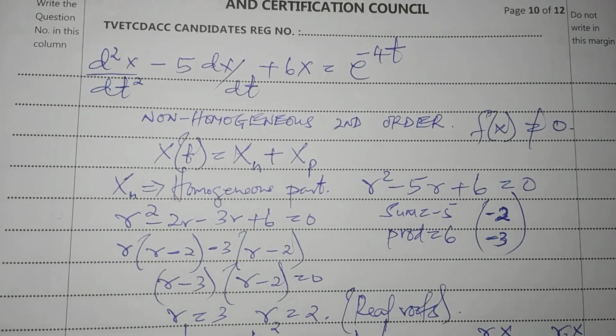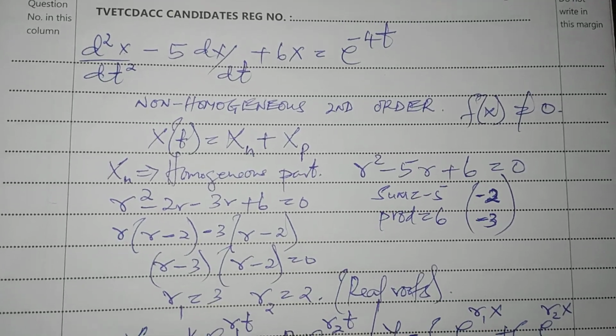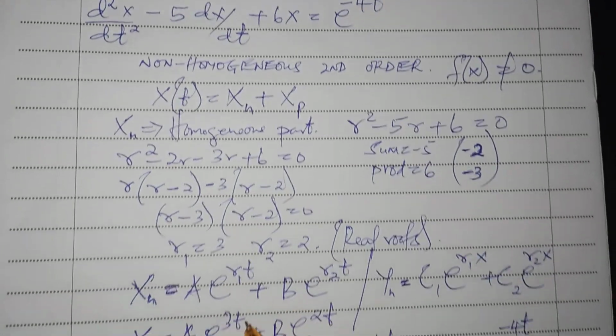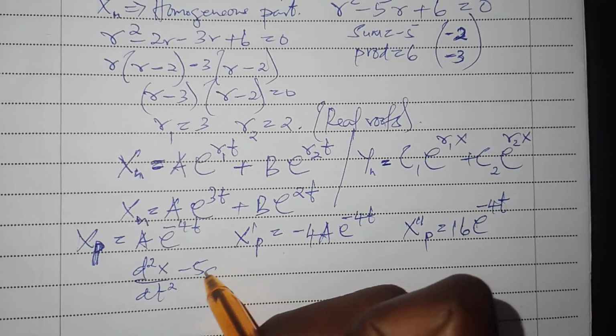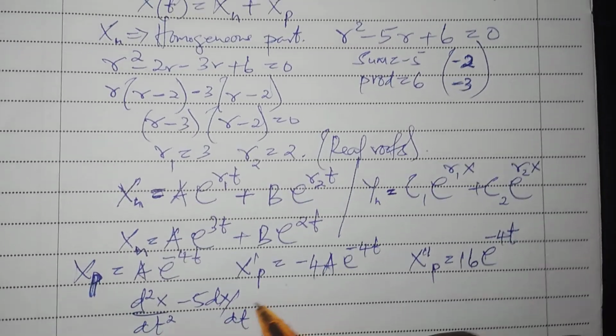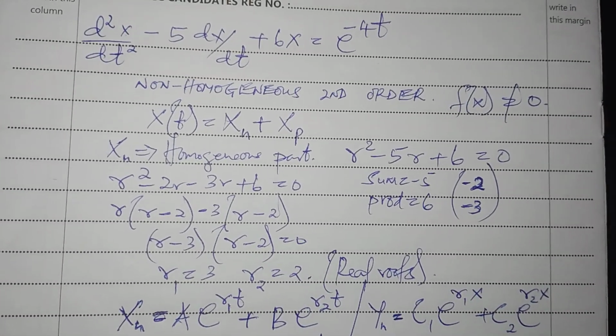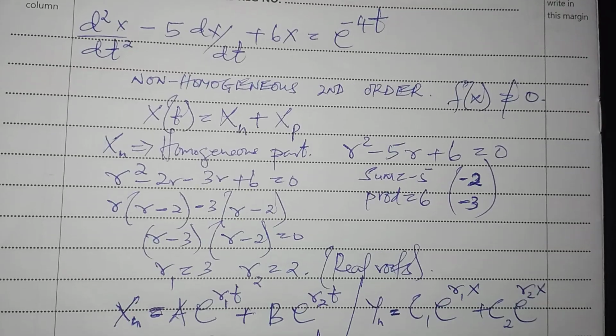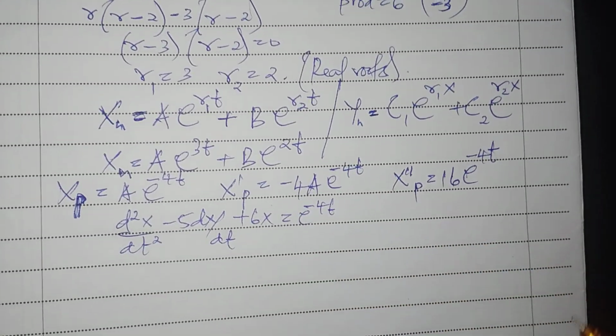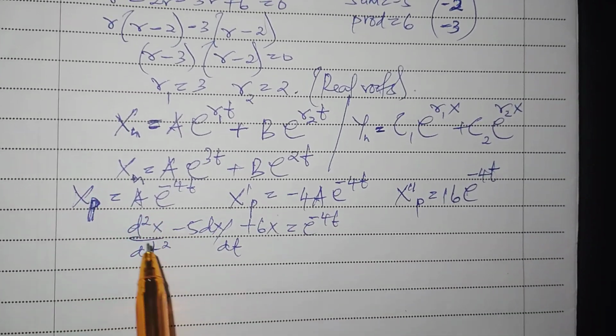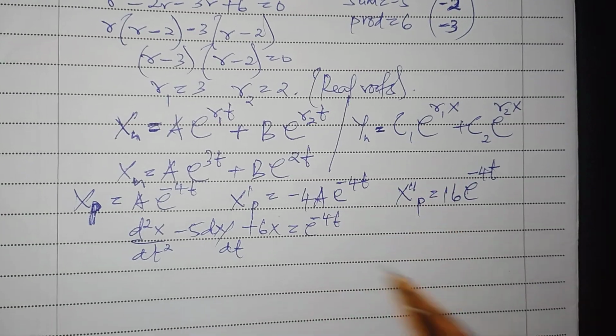Then substitute this particular solution in your equation, which was d squared x over dt squared minus 5 dx/dt plus 6x is equal to e to the negative 4t. We replace the second derivative, it is this one.